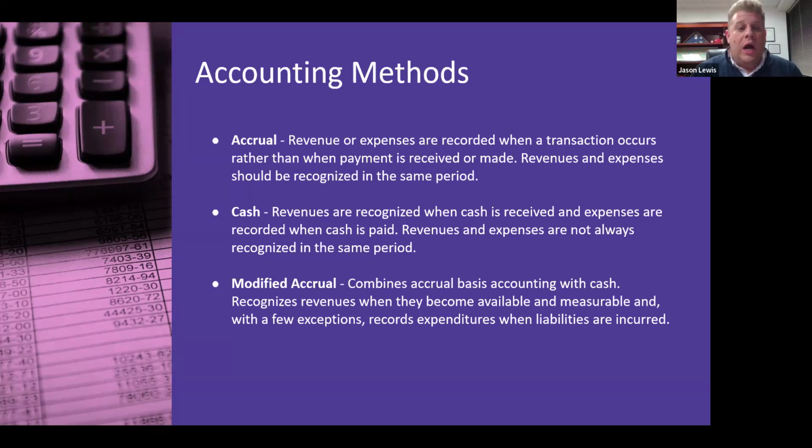So going back to where I was discussing, we have cash basis, where revenues are recognized when cash is received and expenses are recorded when cash is paid. Going back to our landscaping contract example, an invoice for the landscaping was paid in that same month.